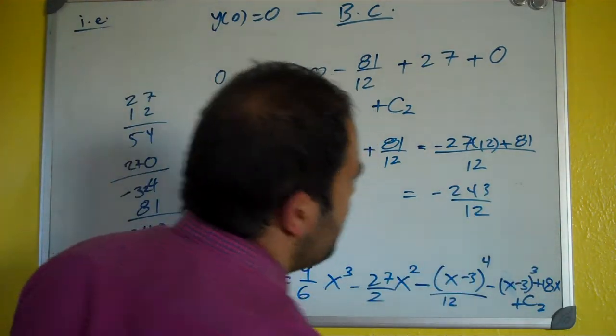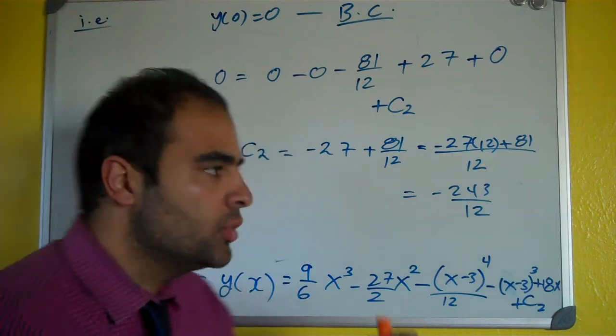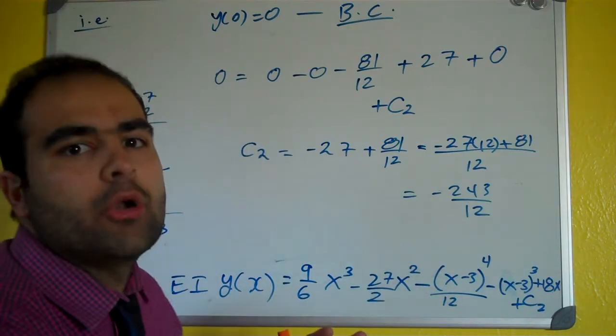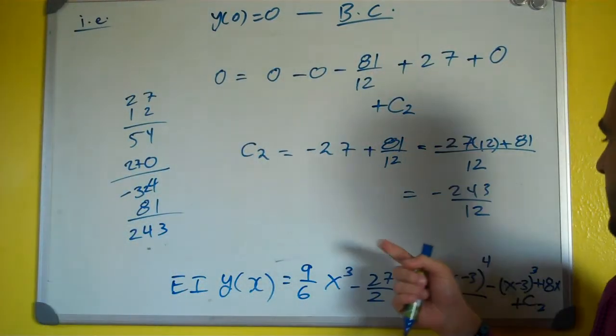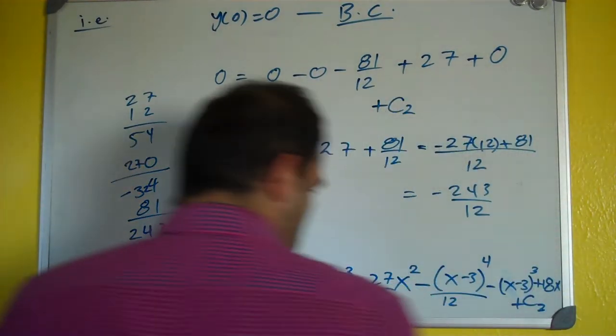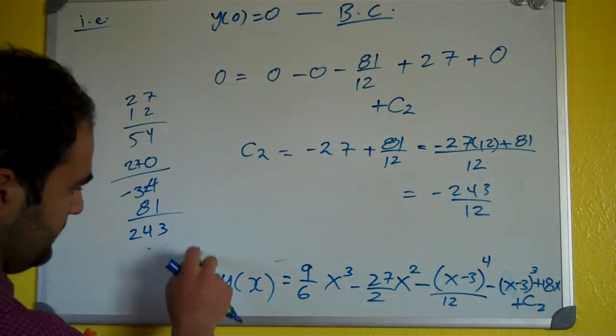The point is I'm not teaching you math, right? I'm just teaching you how to do the math part to get to the real thing that we are doing, if that makes sense. So getting this back to this, that should give you the elastic curve equation.